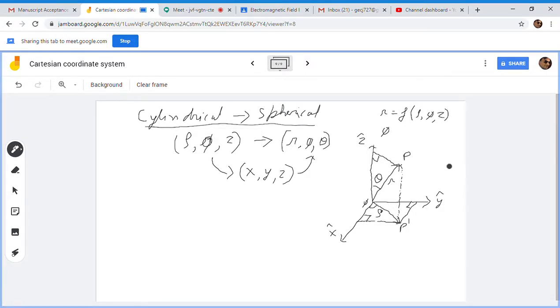Phi will be equal to phi, because the definition of phi is the same in both, and theta in terms of rho, phi.